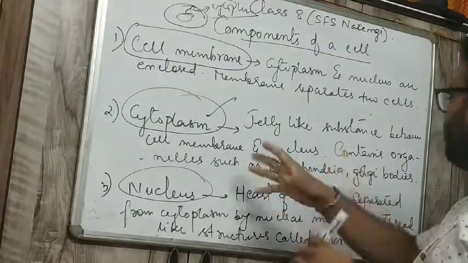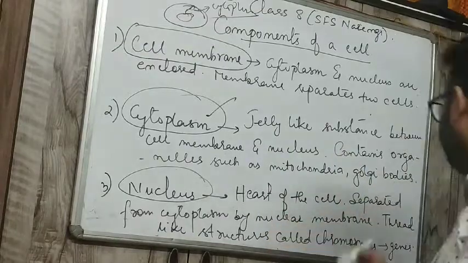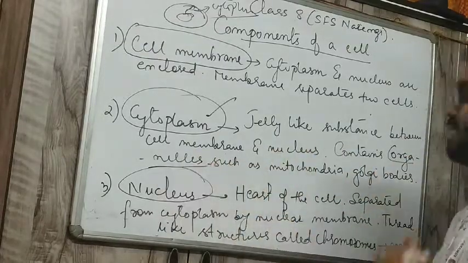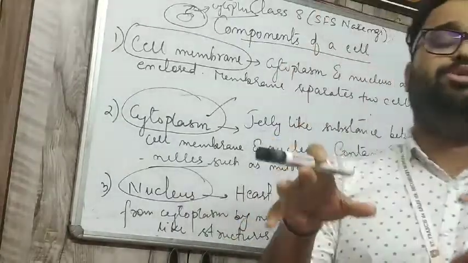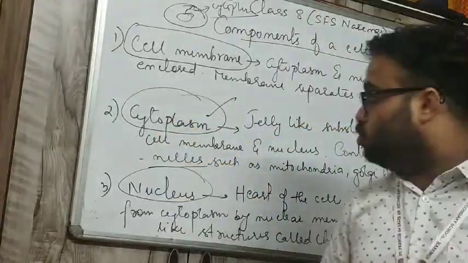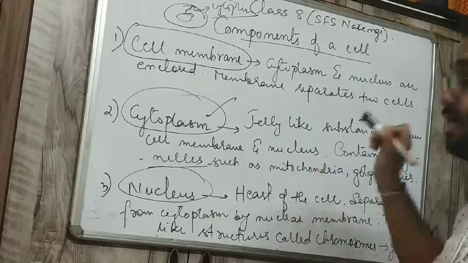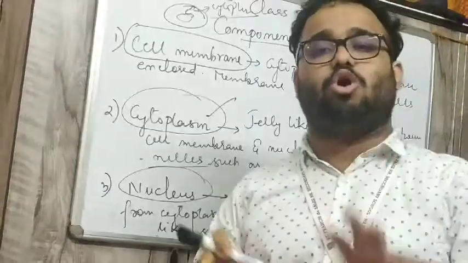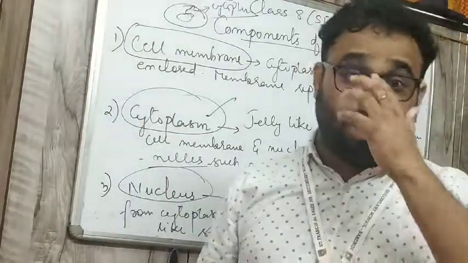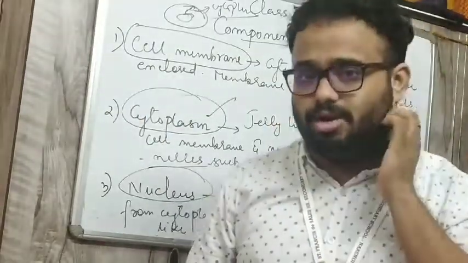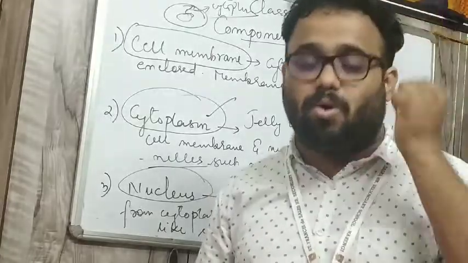Now, cytoplasm has many organelles. Organelles means different types of small particles. Those organelles include mitochondria. Mitochondria is called the powerhouse of the cell. For example, how do we get electricity? We get electricity from an energy generator or from a powerhouse.